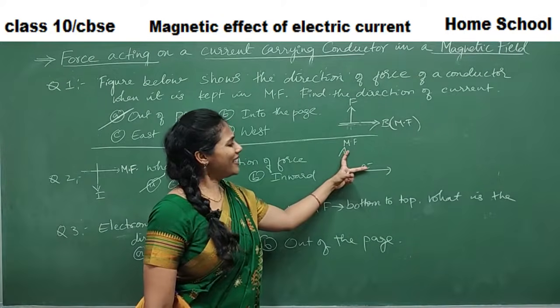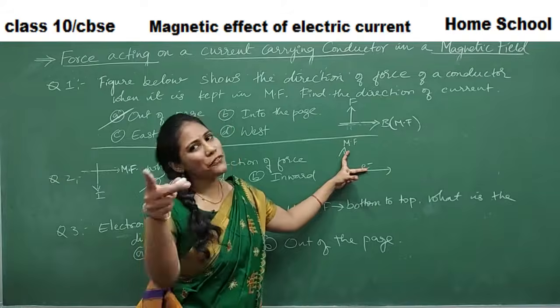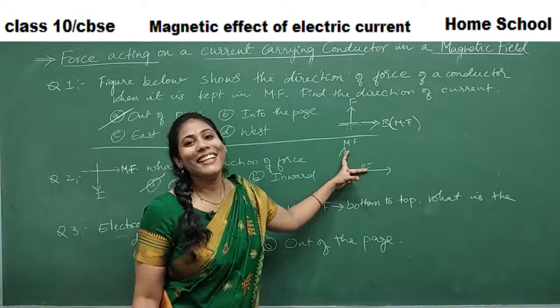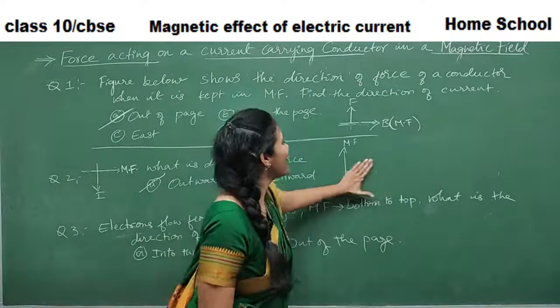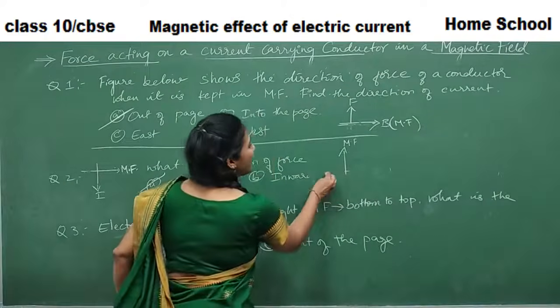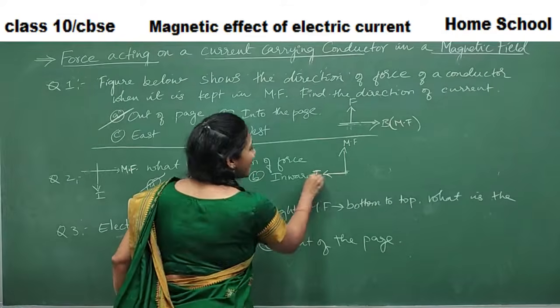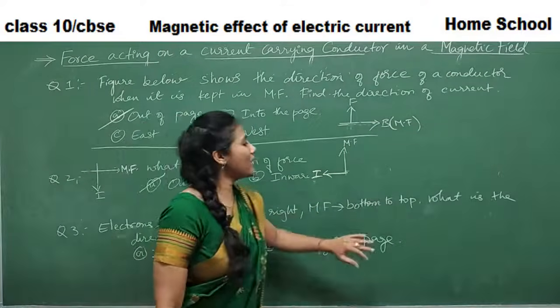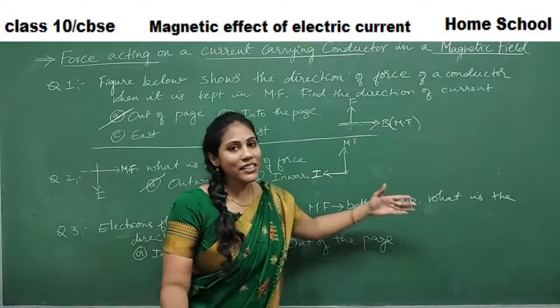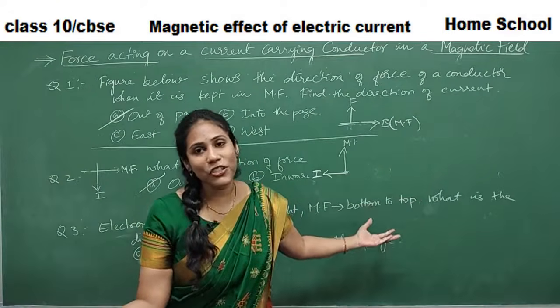And is the direction of electrons and the direction of current the same? No, right? Current flow is opposite to the direction of electrons. So what has to be your direction of current? This is your direction of current. They gave the direction of electrons, but the current direction is not the same as the direction of electrons.